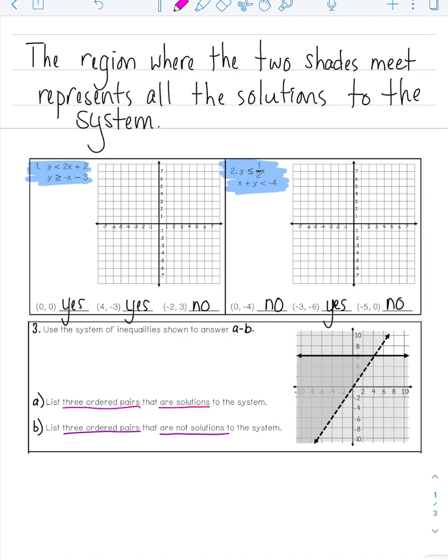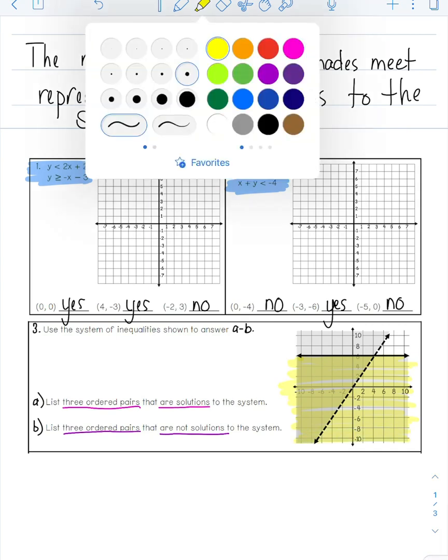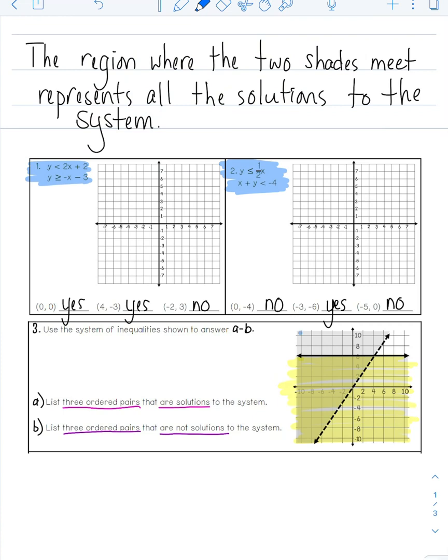So I want to find my double shaded region. So it looks to me like I've got, let me get my highlighter here. So here we have this shaded underneath the 1 line. And then we have the left side shaded here.